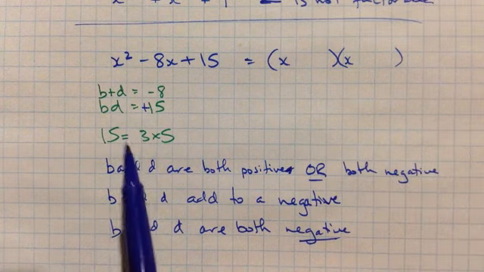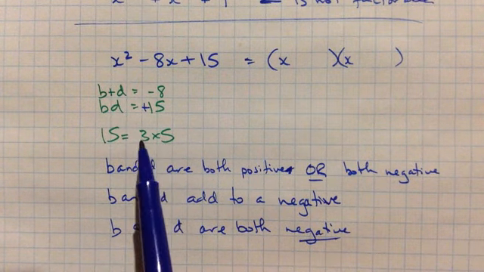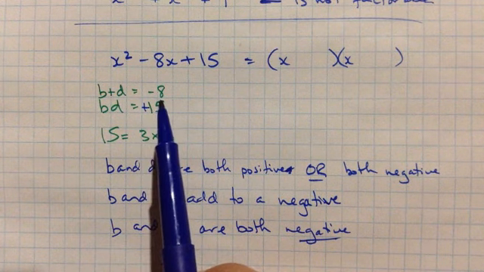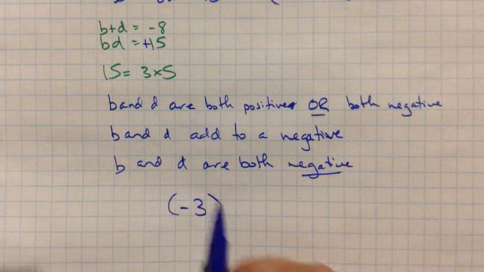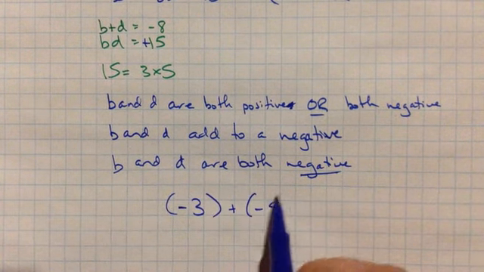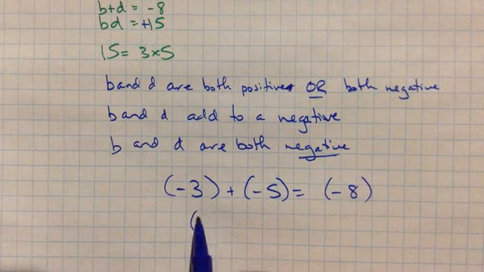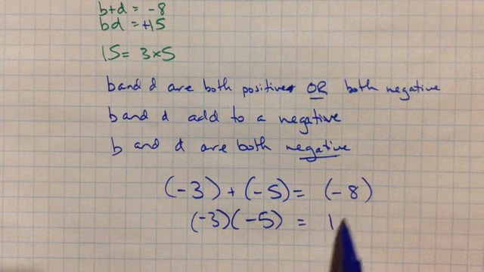So let's check it out then. If I have negative 3 rather, and negative 5, they will add together to give me negative 8. Let me just write that down here. So negative 3 plus negative 5 equals negative 8. That works out. And negative 3 times negative 5 is positive 15.